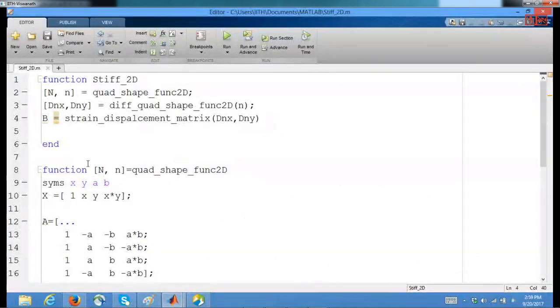Then I will also give my stress strain relationship. The stress strain relationship, PS. PS is plane stress. So let us try to write those things.